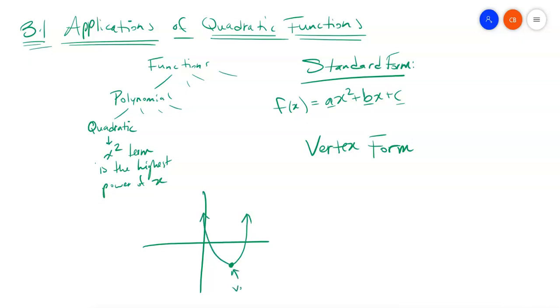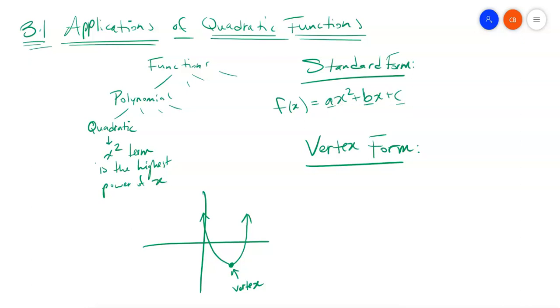This one is called the vertex. And the vertex form of a quadratic function makes it apparent where the vertex is. It's not really possible to tell that from the standard form. The standard form only gives us a convenient form to be able to find out where the zeros are.